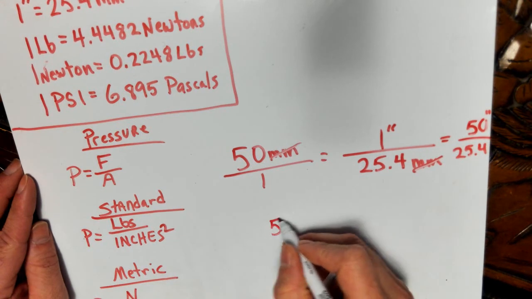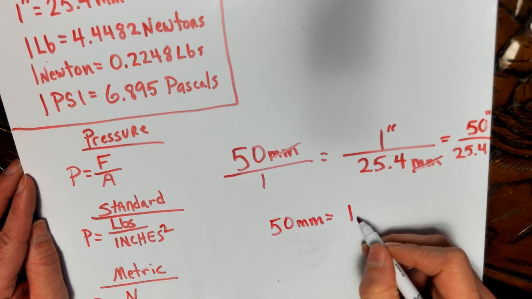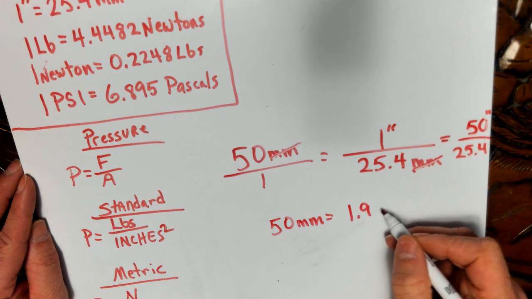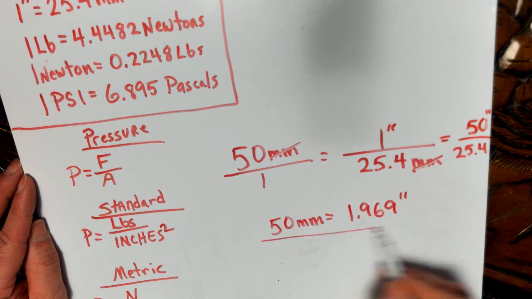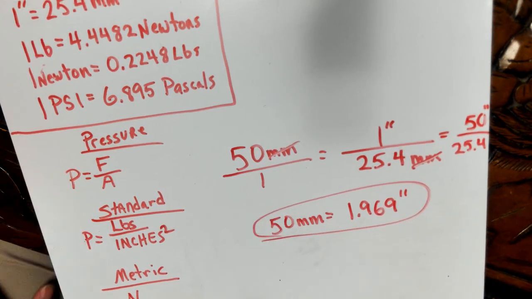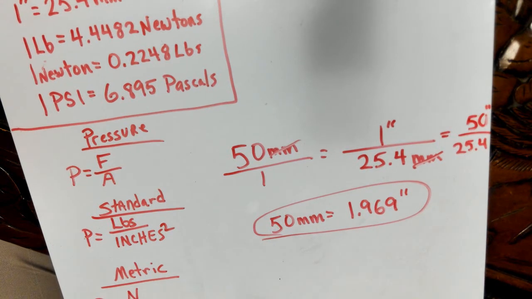So 50 millimeters is equivalent to 1.96, and I'll say 9, we'll round up, inches. Okay? So that is straightforward of how you do that.